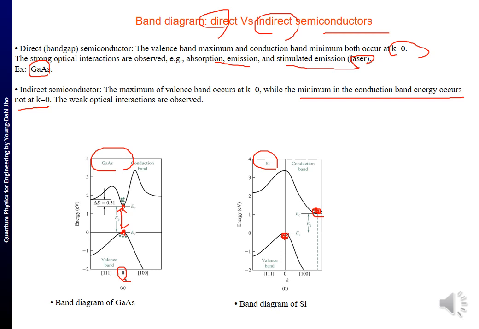So the optical transition is weak, because there should always be momentum conservation, and k is proportional to momentum. If we multiply it by h bar, then that is the momentum. And k equals 0 point means the electronic momentum is very small, near here.